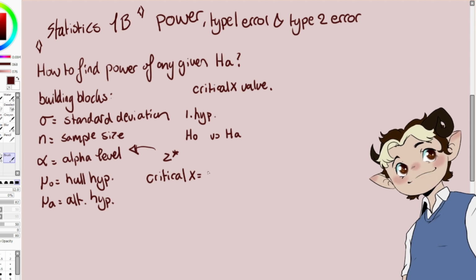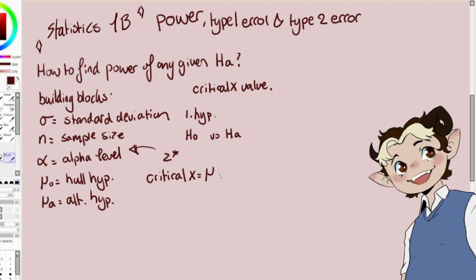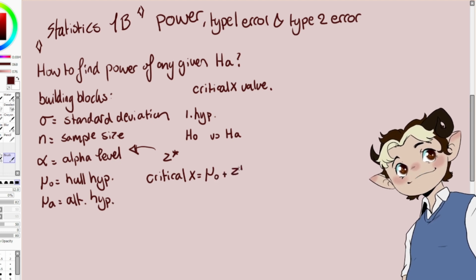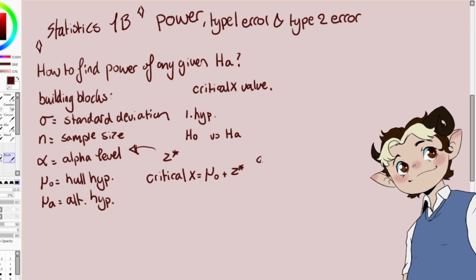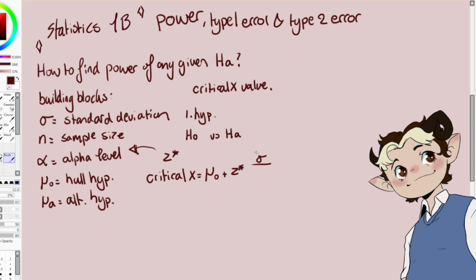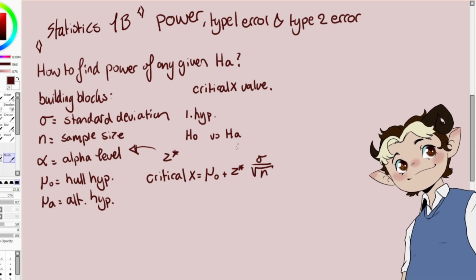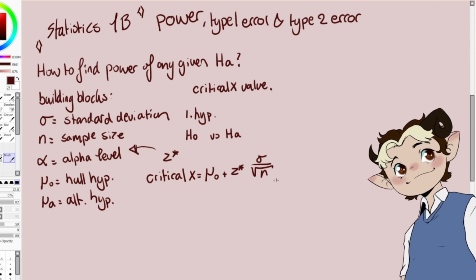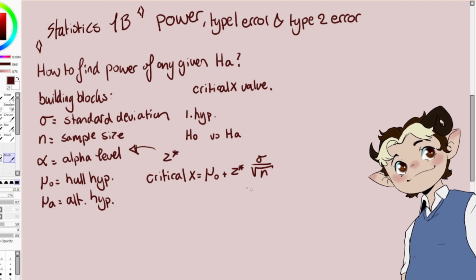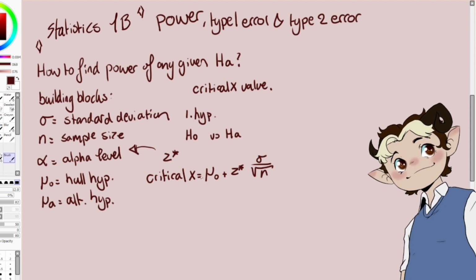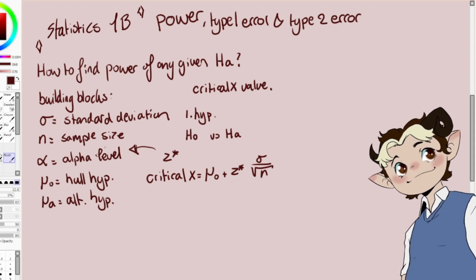So it's basically like looking at a confidence interval, a confidence interval with an extra step. It is our null plus our z times our standard deviation divided by the square root of n. You can see this is the same thing as a general confidence interval. We just add that to our null hypothesis, and that is our critical x.